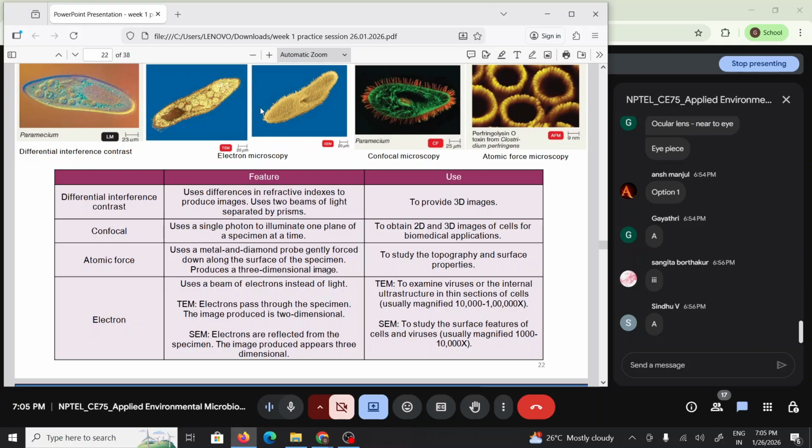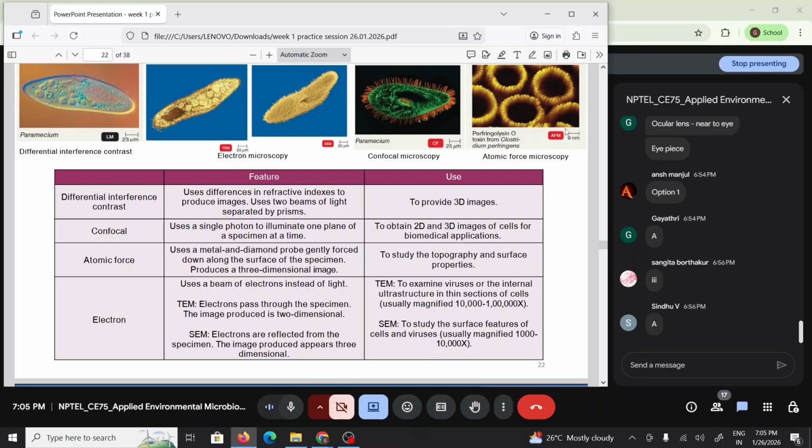And in confocal, as I told, if you have fluorophores and all, you can see different colors. You can also try to reconstruct 3D images from this. And atomic force, as you can see here, it tells about the hollow places that are present, the highs that are present in it, all of it.